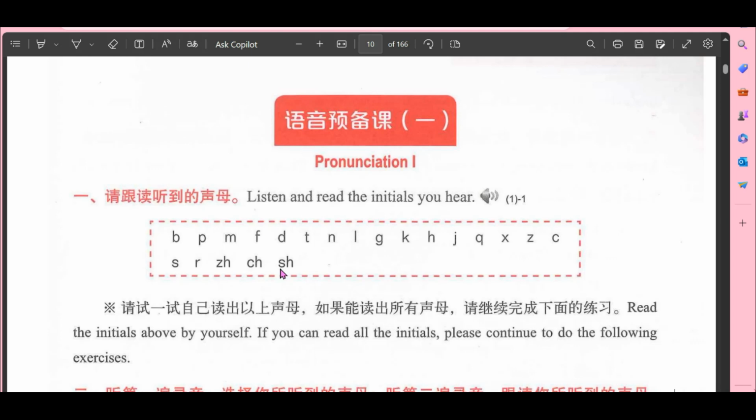Okay, now that we've learned how to pronounce these initials, let's try to have a little exercise and see if our listening skills are good.